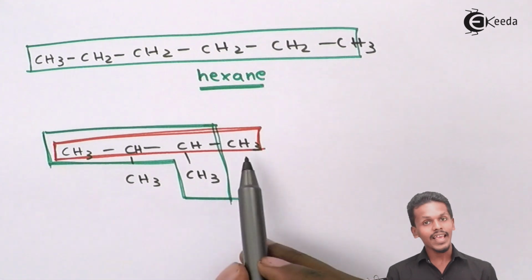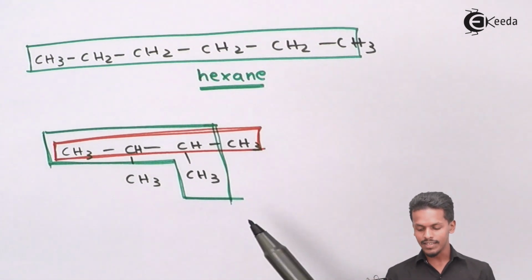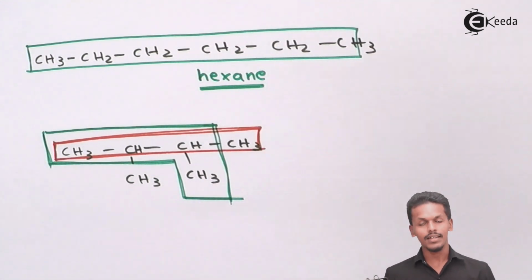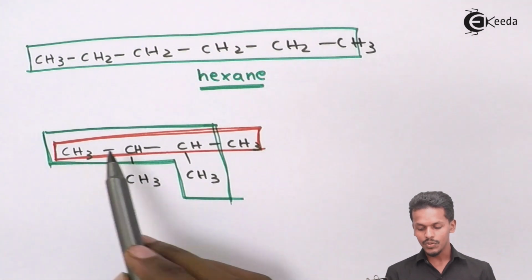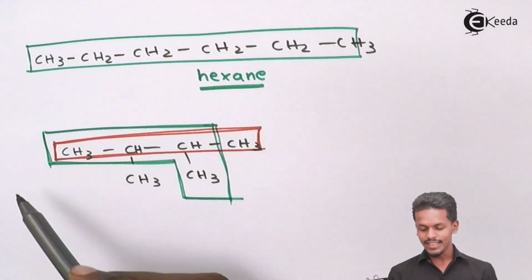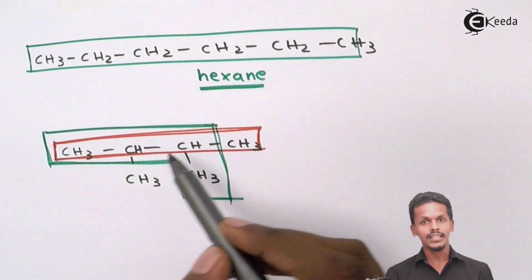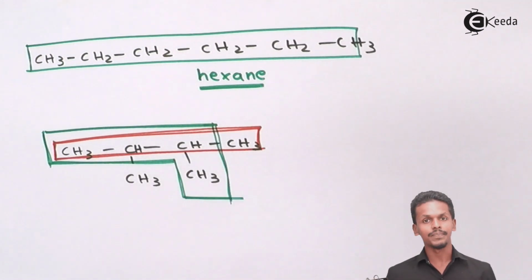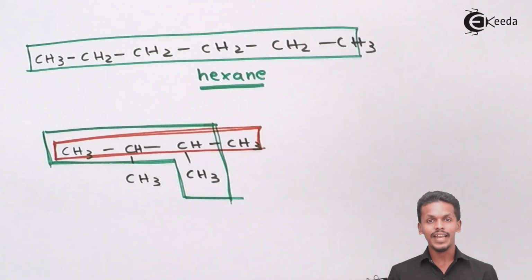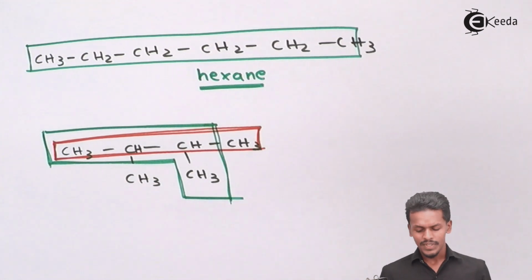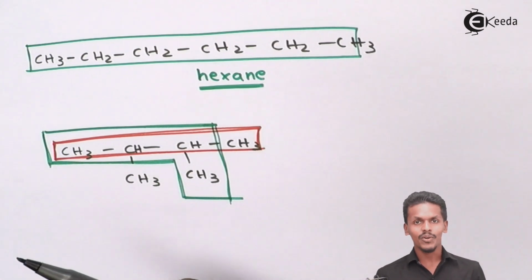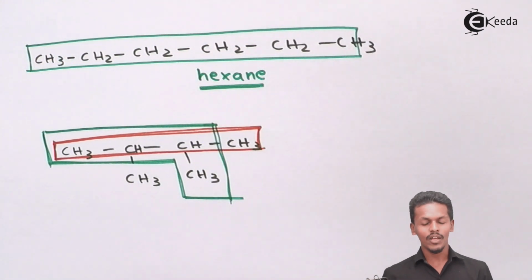I've differentiated by 2 inks: in the red ink that is enclosed, we could see 4 carbon atoms, and in the green ink also there are 4 carbon atoms enclosed in that line. So again it is 4 carbon atoms that I observed.